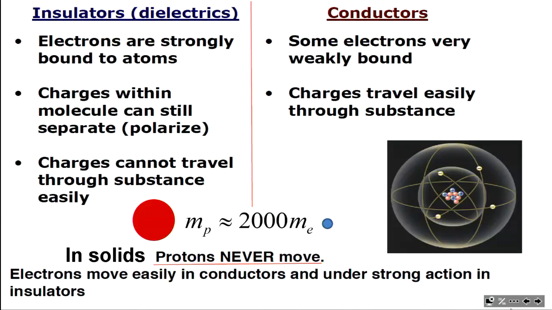But if we have a nucleus which has several protons and several neutrons, each nucleus will be 10, maybe 1,000 times heavier, which means they just can't be moved.